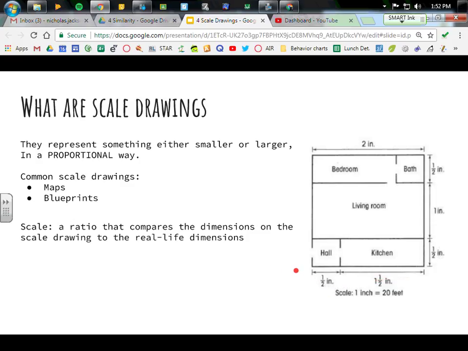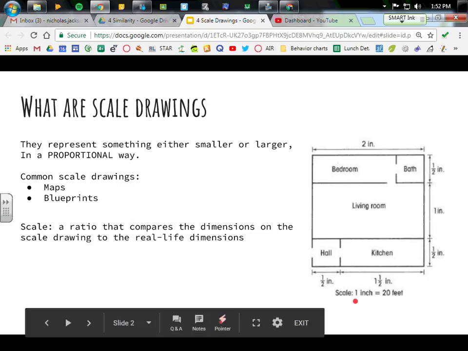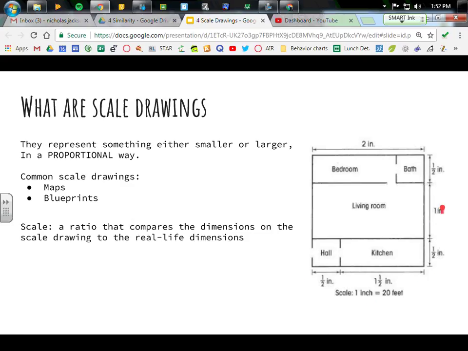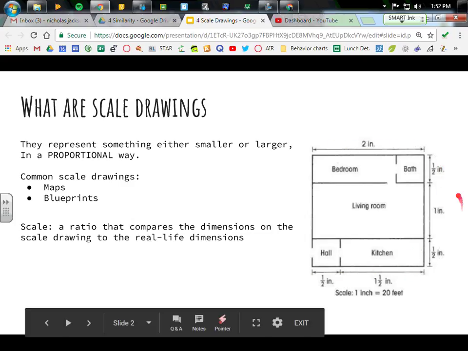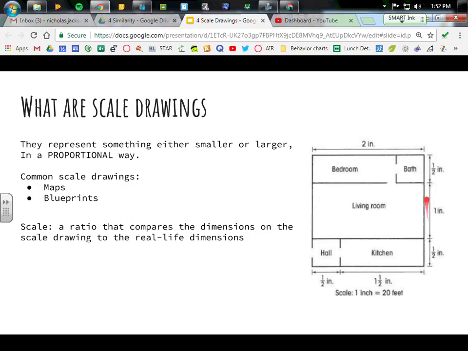The scale is a ratio that compares the dimensions on the scale drawing to the real life dimensions. So we can see here our scale is that 1 inch equals 20 feet. So every 1 inch on this blueprint is equal to 20 feet. So right here, this wall would actually be 20 feet in real life. This wall would actually be 40 feet. Over here, this wall would be 10 feet, and so on.